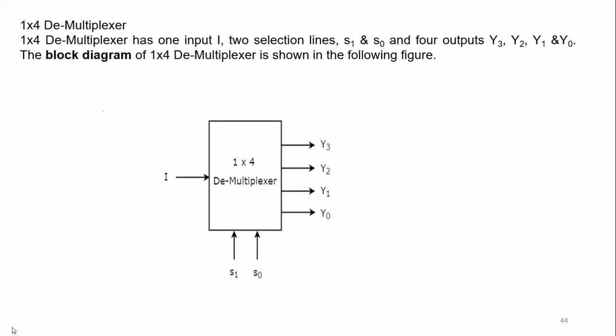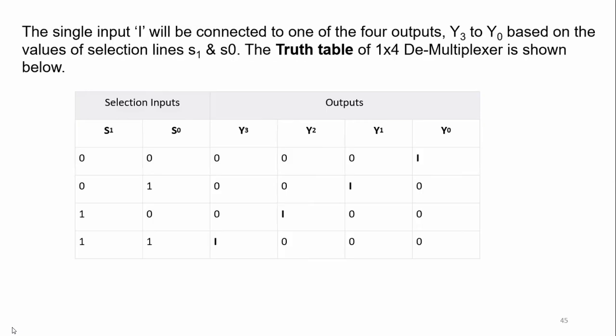So this is a 1 into 4. Previously we said 2 to 4, then 4 to 1. Now we will say 1 into 4 demultiplexer. And this is the truth table.